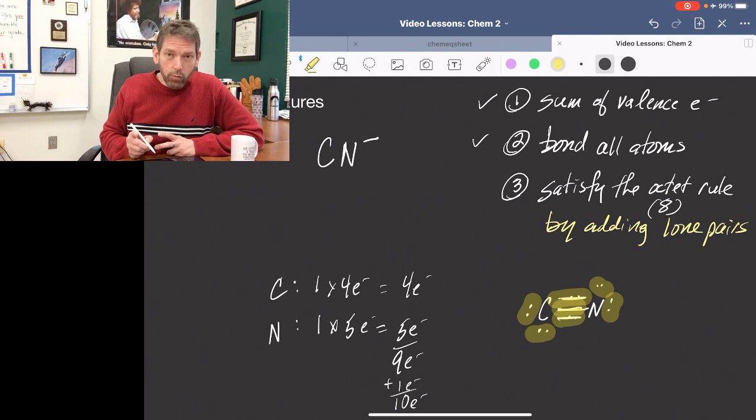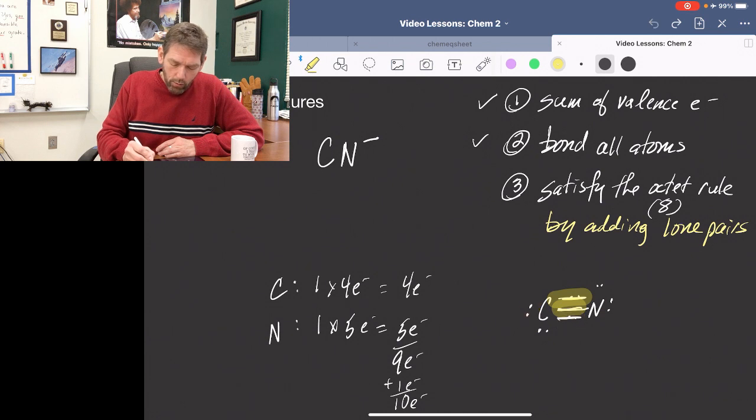There's still too many. But remember, we've moved electrons, so at this point what we have to do is ask ourselves, how do we get 8 around each atom? Well, 2, 4, 6, this being shared with carbon. So if we were to erase one of these, we now have 2, 4, 6, 8 around the carbon, right?